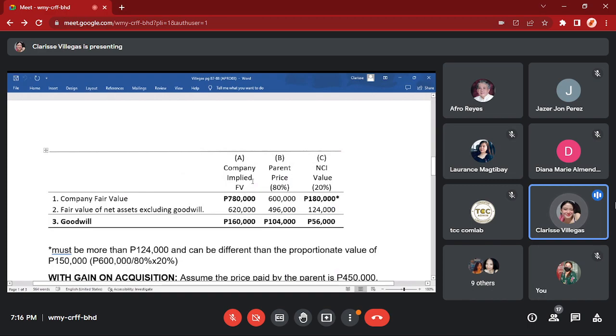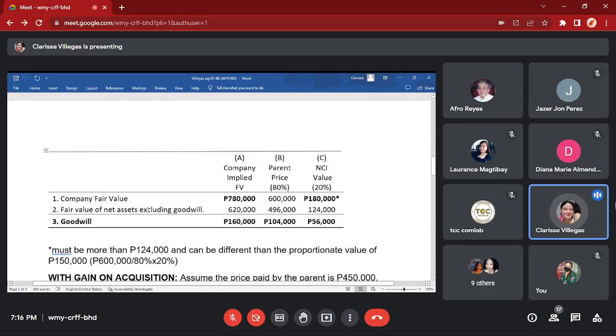A, company implied fair value, company fair value is 780,000. Paano nakuha yung 780,000? Yung parent price 80%, 600,000, add the NCI value 20% of 180,000 kaya naging 780,000.